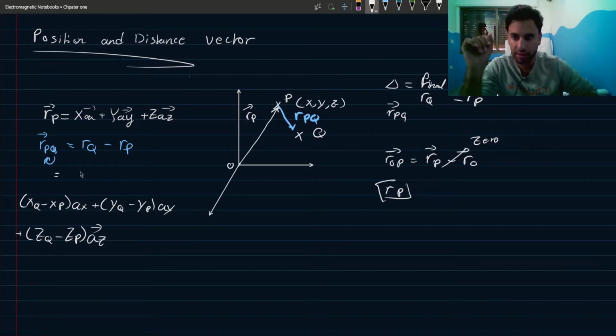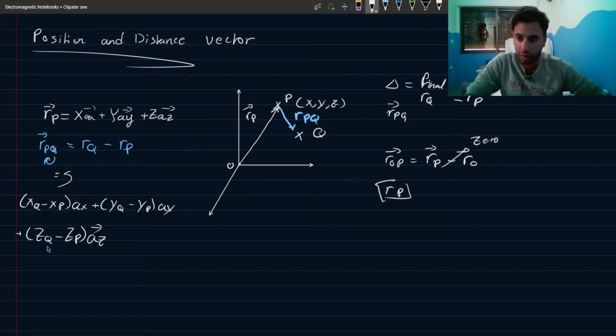And this is equal to this. Of course, xq, yq, zq are the x, y, and z coordinates of Q, and xp, yp, and zp are the x, y, and z coordinates of P.